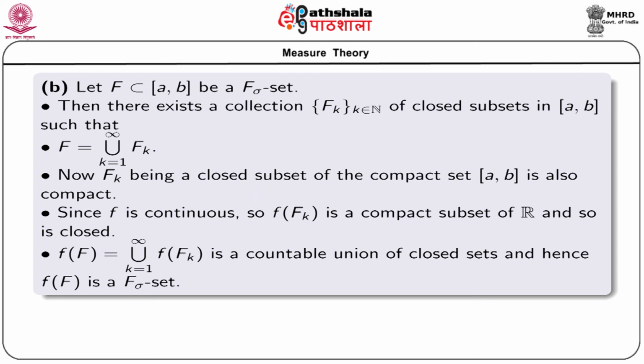Finally, if we consider f of capital F, this is nothing but the union over k from 1 to infinity of f of capital F_k, a countable union of closed sets, and hence f of capital F is an F sigma set, and this proves our assertion B.